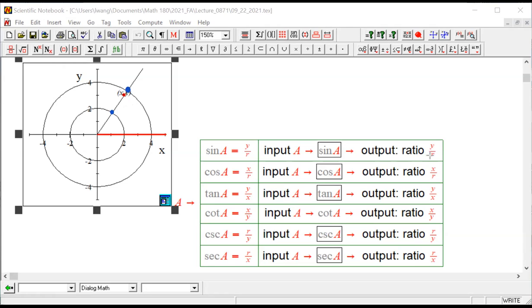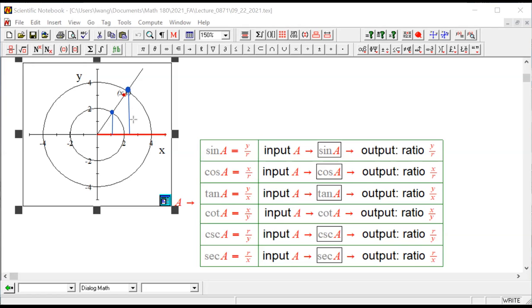Sine is a ratio of y over r. What is y over r? We drew the line of y. This is y, and this is another y. Y over r.